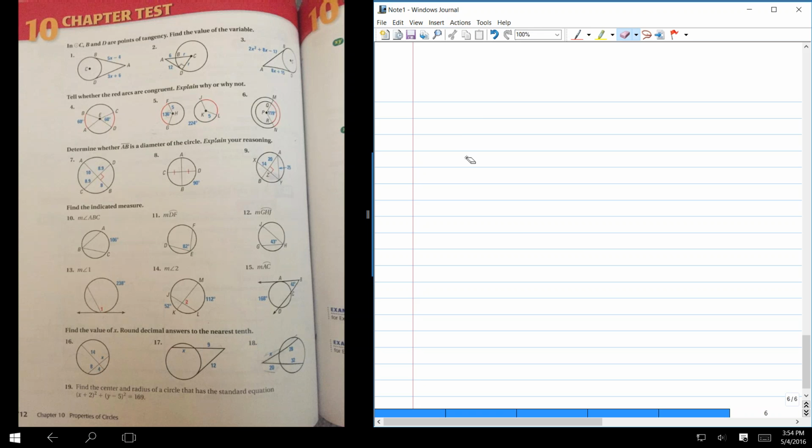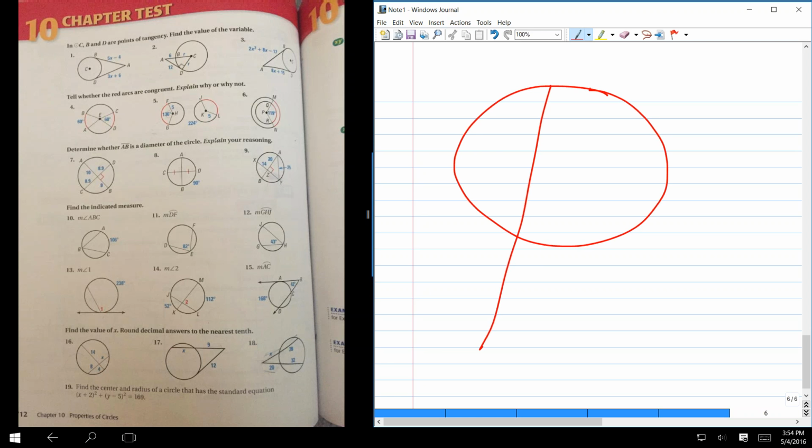15. Now, the situation where I just drew like this, that's very, very similar to 15. Even though they give you a different angle, or they give you a different formula, let's say that instead of having 2 intersecting secant lines, one of them is tangent.